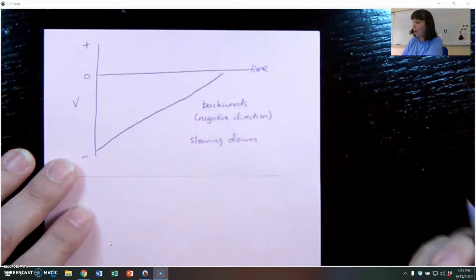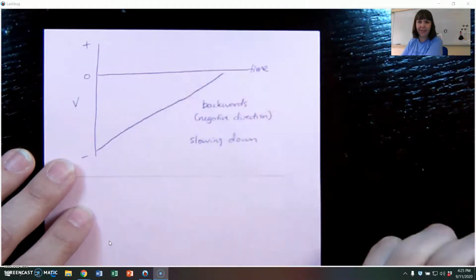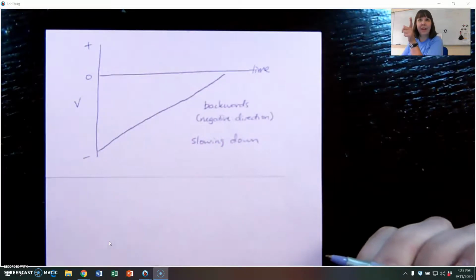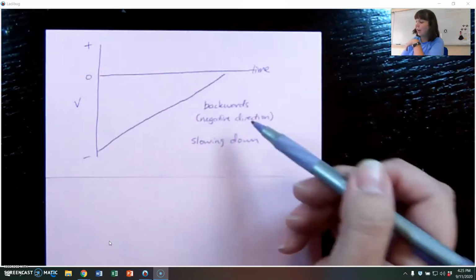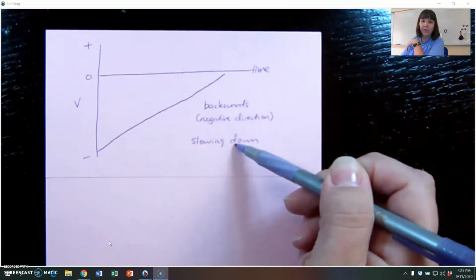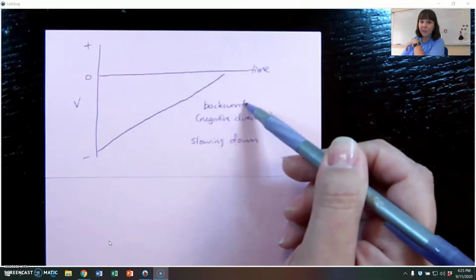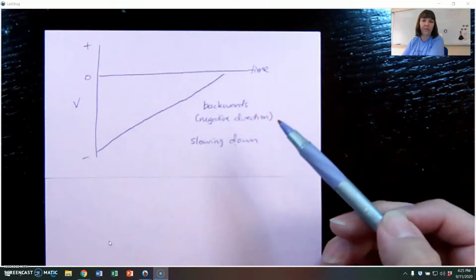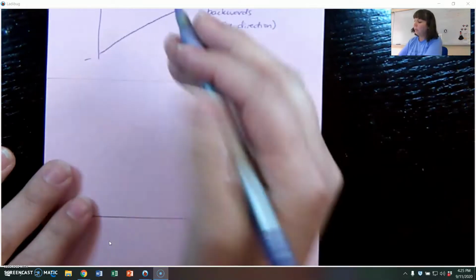A positive slope indicates we're slowing down. But think, what's a negative times a negative? A positive, right? So here's your negative change in a negative direction, which is going to give you that positive slope. We're getting closer and closer to 0 in those negative values.